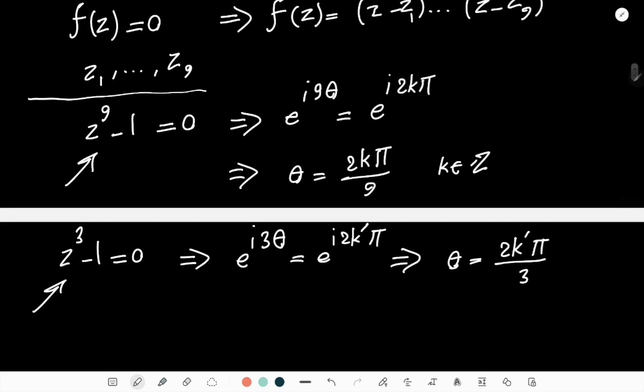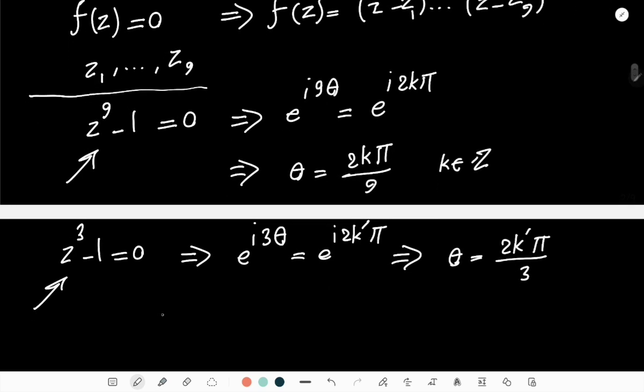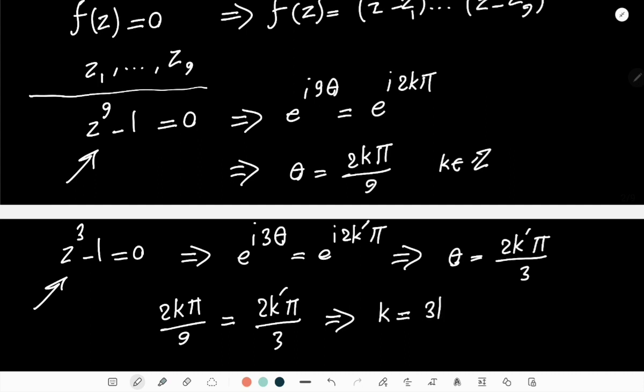So the way I'm going to find those is to put this 2k pi over 9 equal to 2k prime pi over 3. As a result, I will get k equals 3k prime.